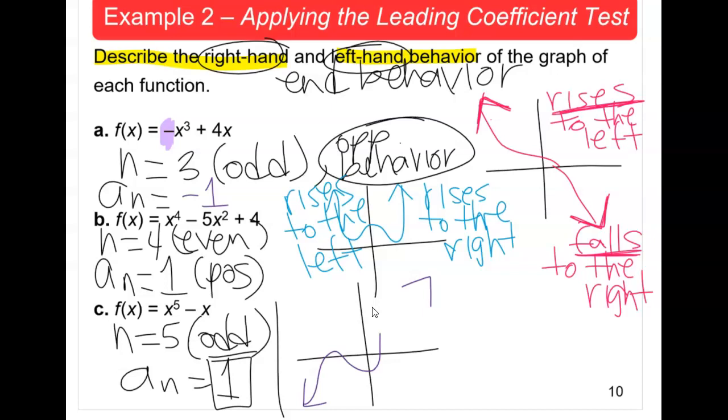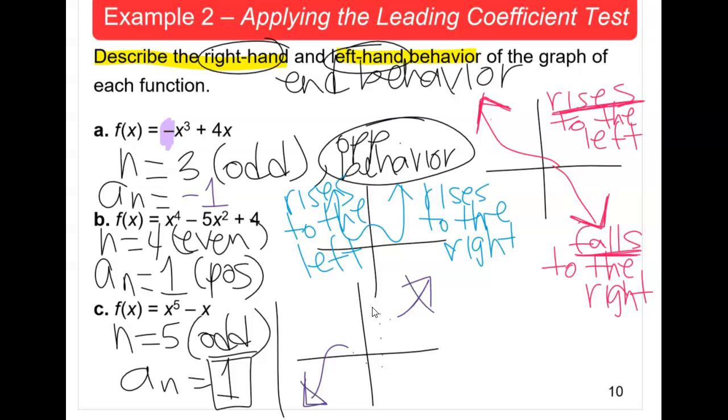They could have less, but let me just do something better. 1, 2, 3, 4. No, that wouldn't work. Okay, let's just do the dots so we don't know what happened here. That's better. Because we're only concerned about what's happening at the end.